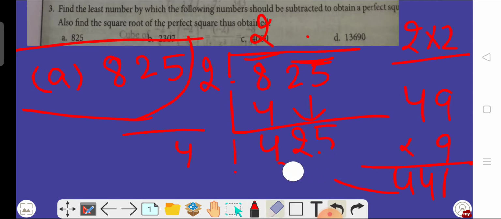So by the trial and error method, we get that we have to put 8 here. So 48 8s are 384, and the remainder is 41.